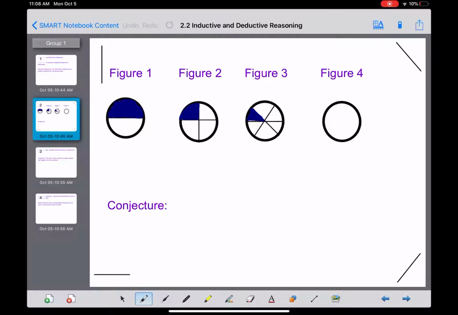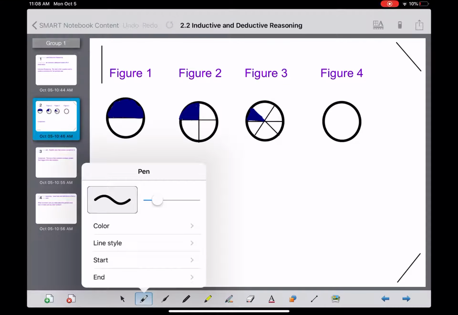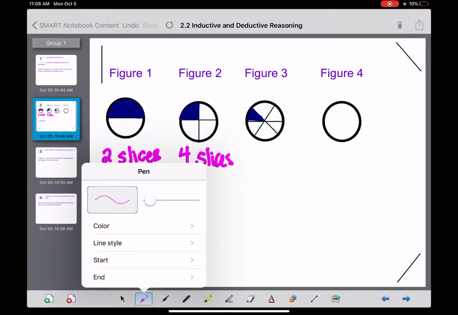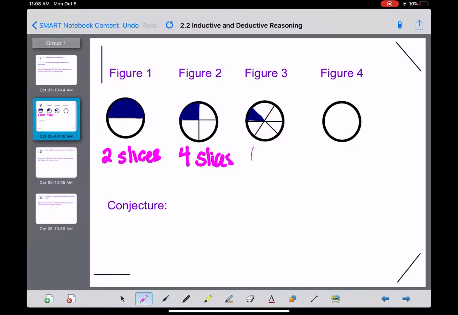So figure 1 has 2 slices and one area is shaded in. Figure 2 has 4 slices. Figure 3 has 6 slices.